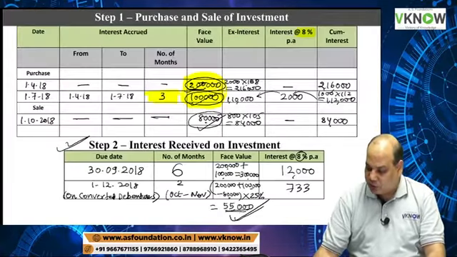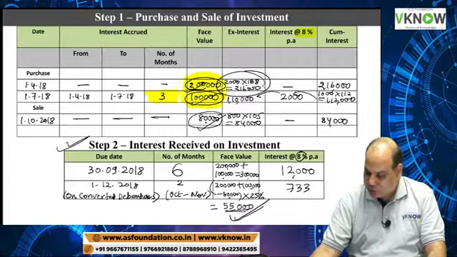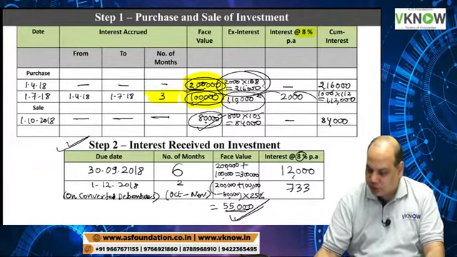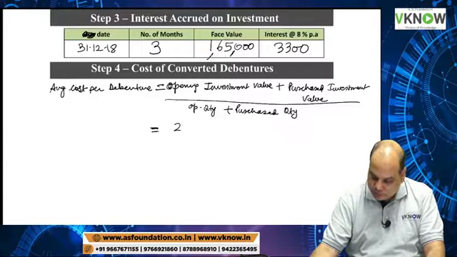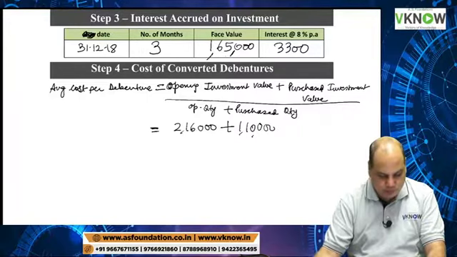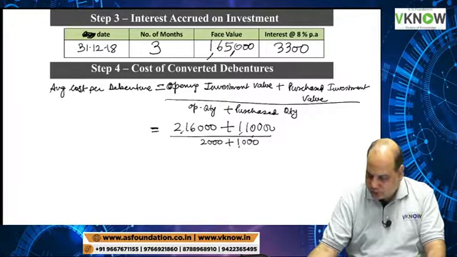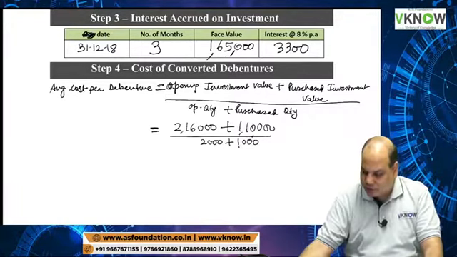Opening investment value on the screen, this figure, 2,16,000, and plus 1,10,000 purchased value. 2,16,000 plus 1,10,000, and this you divide by 2,000 plus 1,000 purchase quantity.